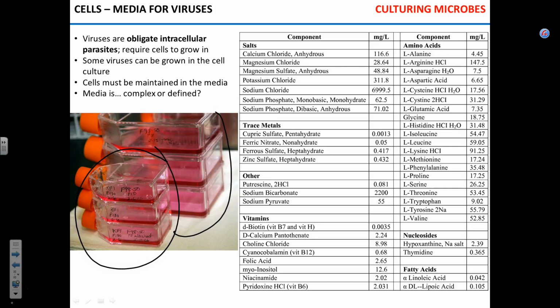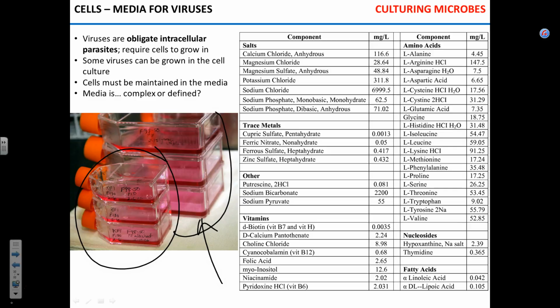You put them in a plastic flask like that. And the most convenient cells stick to the surface of the plastic and grow on the surface. You can actually look at them and you see separate cells. Okay? And then you take virus, add it to the cells, and it infects them.